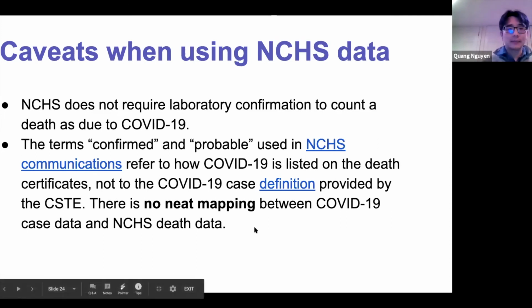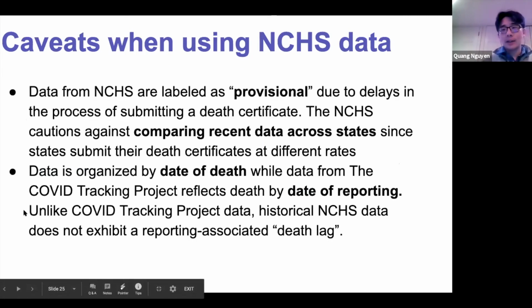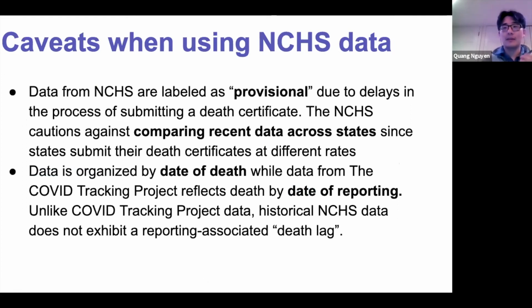Next slide, please. Another thing that people have to be concerned about is that the NCHS data is labeled as provisional because of the delay that we talked about. NCHS really cautions against comparing recent data across state lines because of the differential rate at which states submit their data to the federal government.